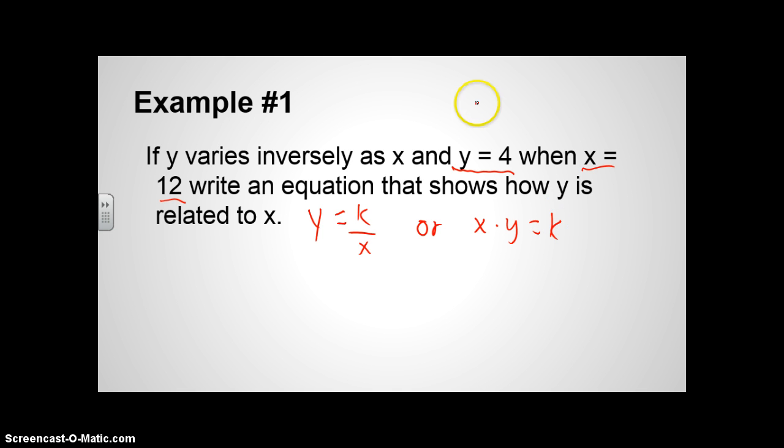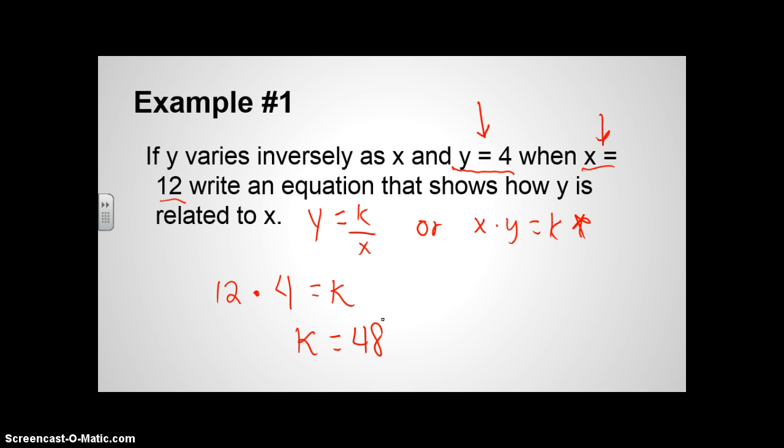Now with what's given to you, your y and your x, I think the best formula to use for this is going to be the second one, where we're multiplying x, which is 12, times my y, which is 4, and that's going to give me my k, and my k is going to equal 48, and that is my answer. That's all we have to put.